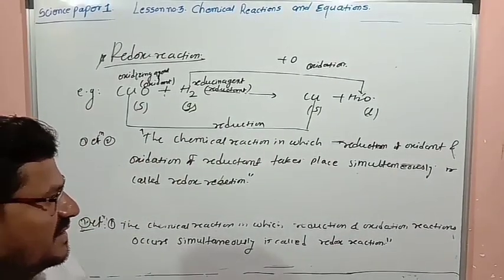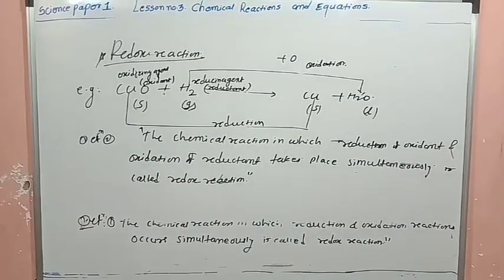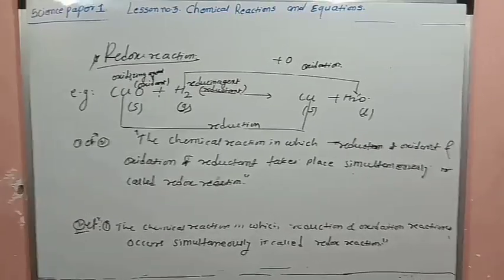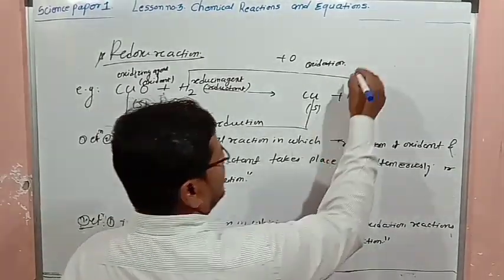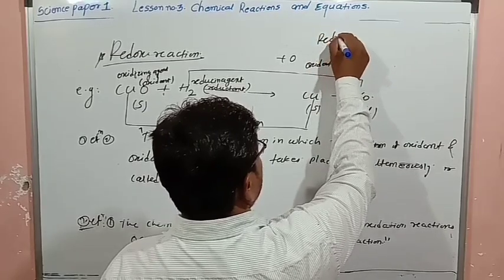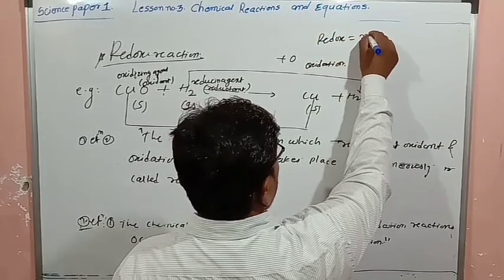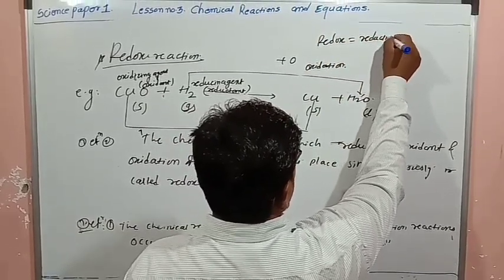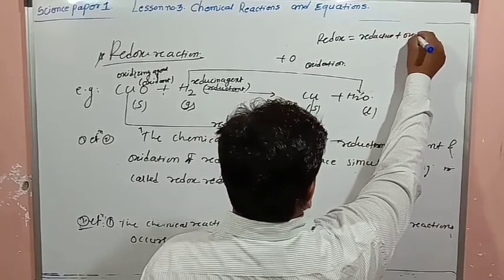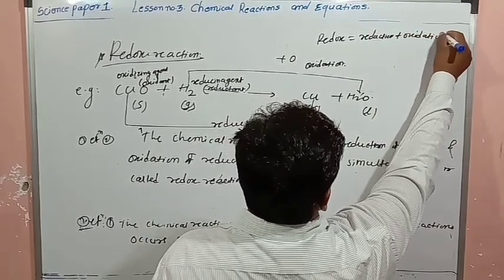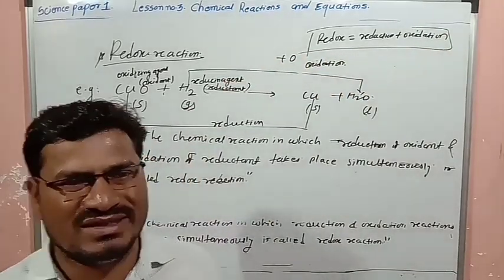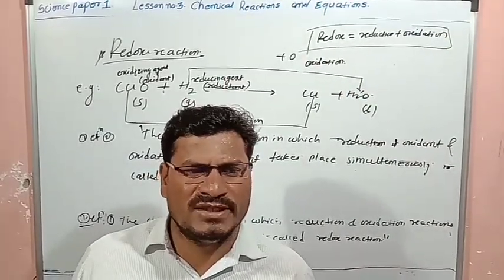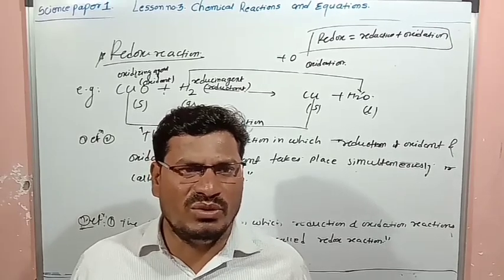So after this, the next thing we are going to learn. What is meant by redox reaction? Redox is equal to reduction plus oxidation. Redox means reduction plus oxidation, both occur simultaneously. So after this, use your brain power.